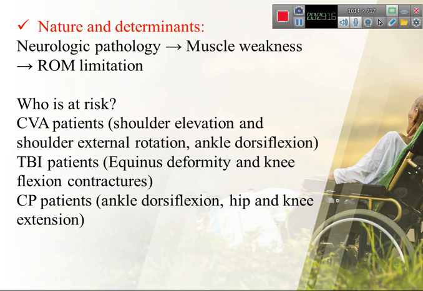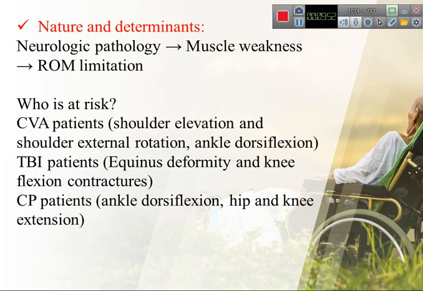Let's talk about the nature of ROM limitation and its determinants. When we have a neurologic pathology, muscle weakness can cause ROM limitation. In CVA patients, in TBI patients, and in CP patients, it is more common than in others. In CVA patients, shoulder elevation, shoulder external rotation, and ankle dorsiflexion are limited much more.